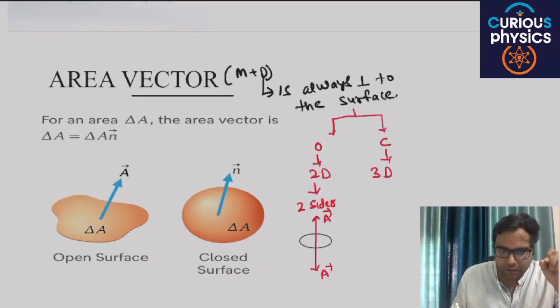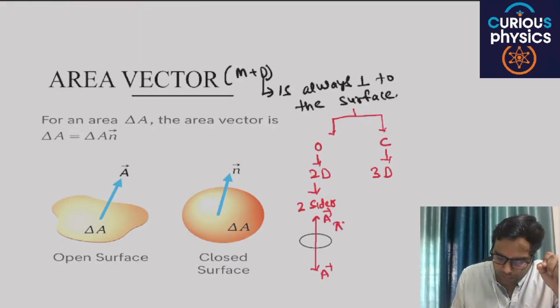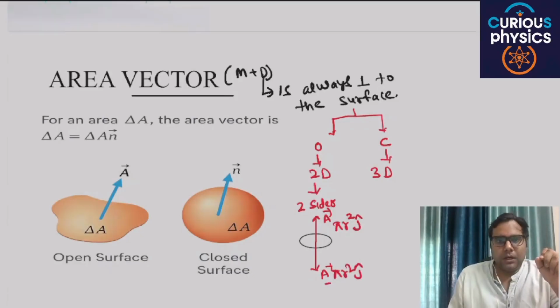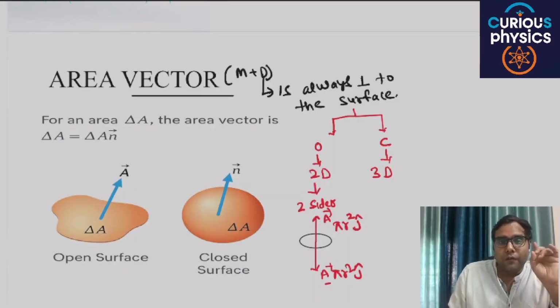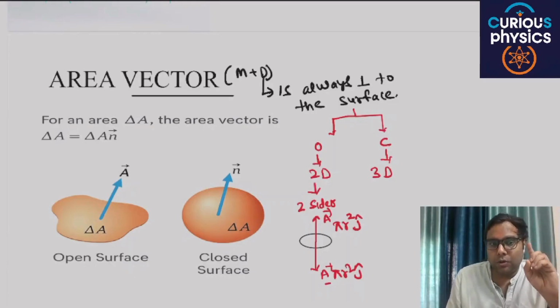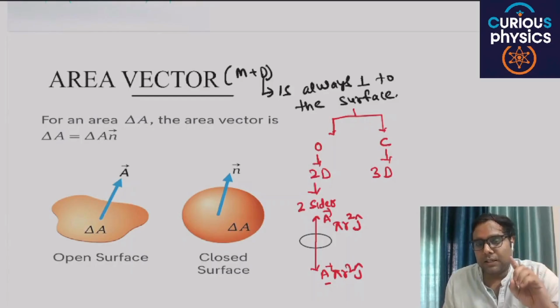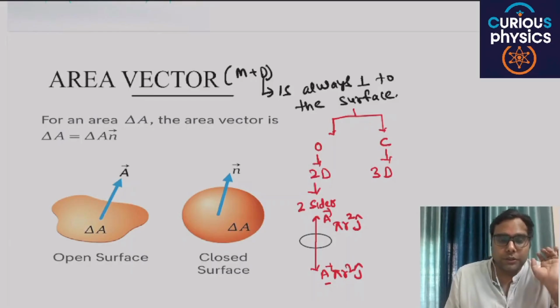For radius r, if the upward direction is j, the value will be pi r square j cap, and for the downward direction, pi r square minus j cap. But you have to choose one direction in a particular question and stick to it throughout the question.